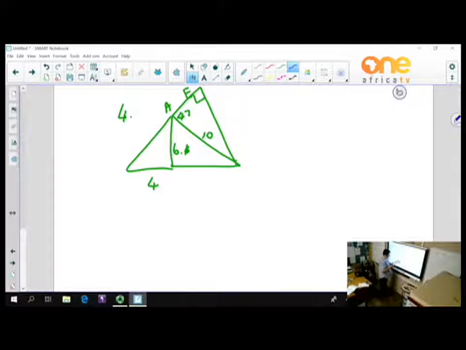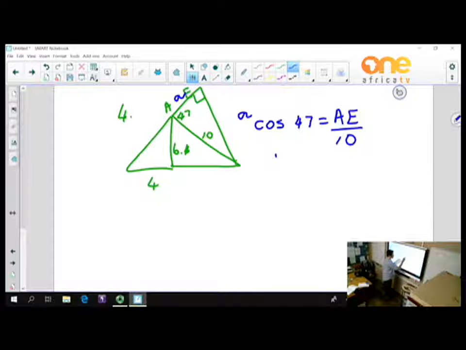So which function will we use? If we look now here, I would say cosine. So cosine 47 is then equal to AE, adjacent, over 10, the hypotenuse. Which method? Top times. So AE is equal to 6.82.